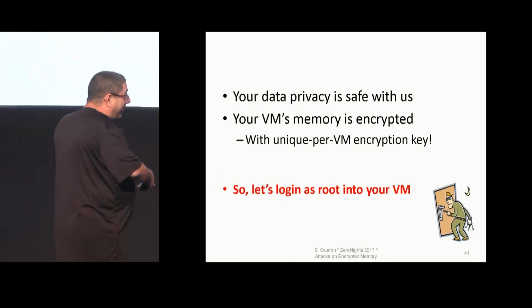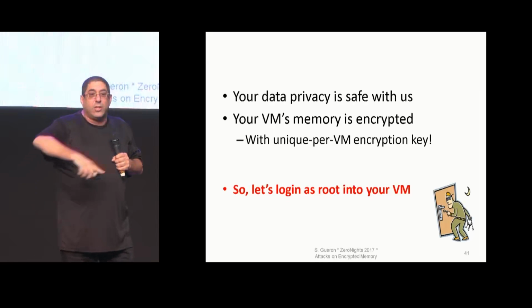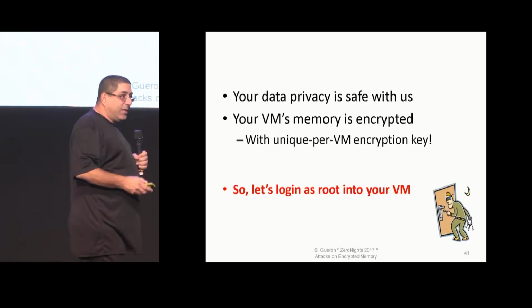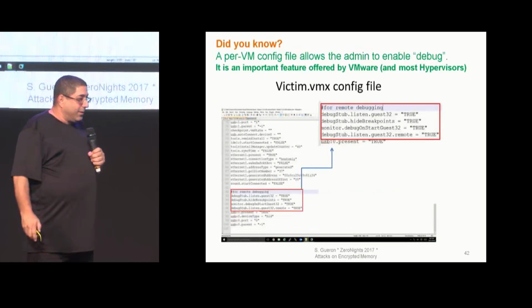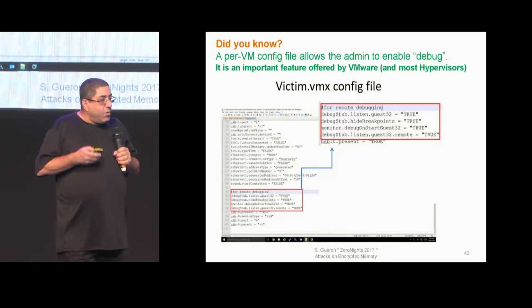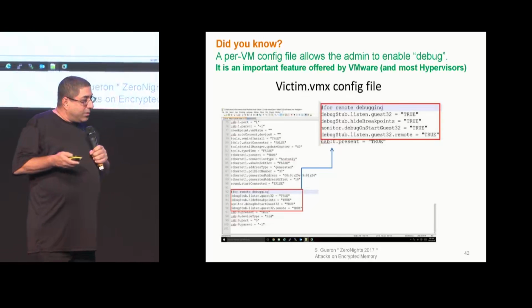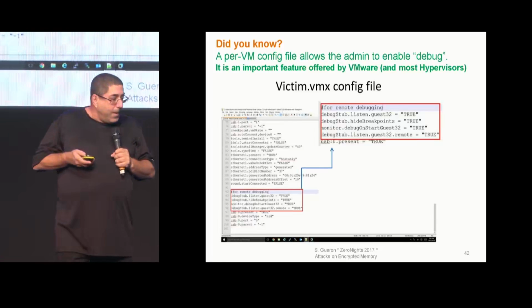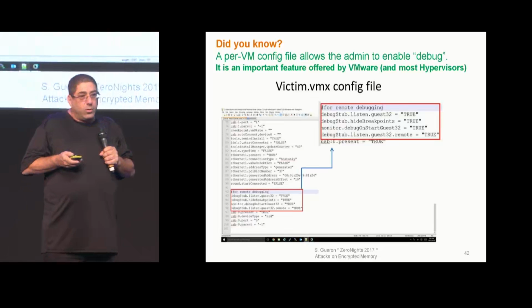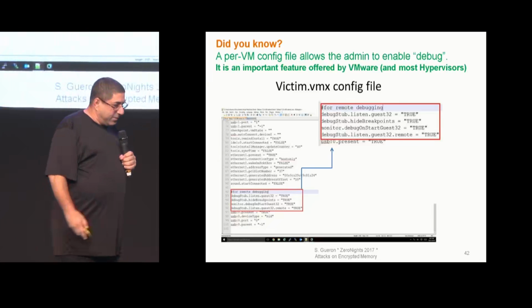And if the hypervisor can get into a VM as a root, this hypervisor can read anything. It just bypassed the whole protection that the encryption offers. So is it possible? Yes. Did you know that you have a config file that controls whether or not the VM is debuggable? And guess who controls this config file? The hypervisor.